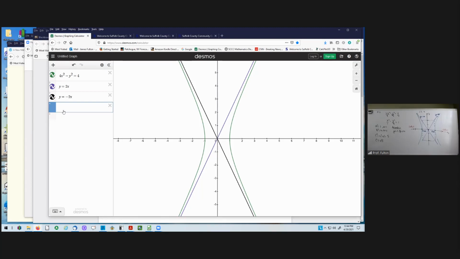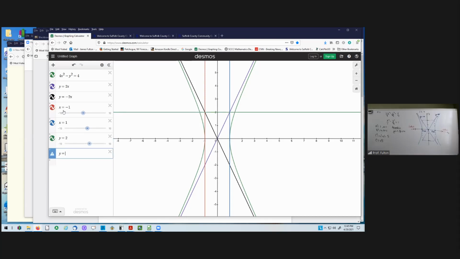Here we can put that in. So you have x equal to minus 1, x equal to 1, y equal to 2, and y equal to minus 2. And you can see that box that I put over here that my asymptotes go through. A little bit busy, but I can just have it go up for a certain y and create this little box over here.